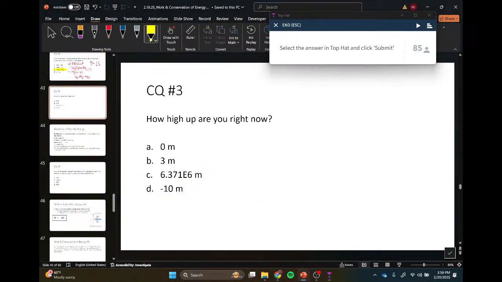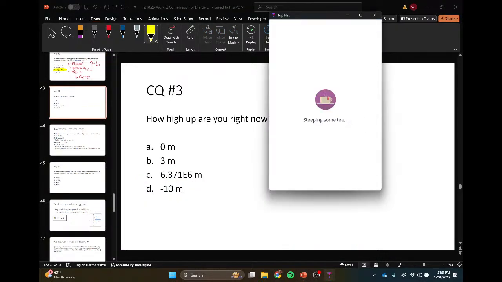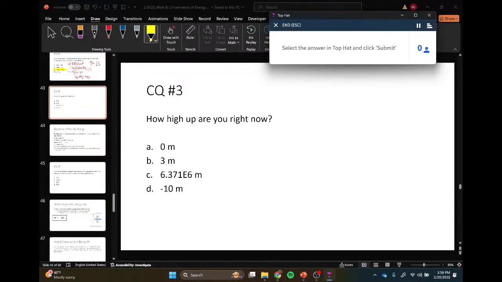All right, next question for y'all. How high up are you right now? Are you 0 meters high, 3 meters high, 6.371 times 10 to the 6 meters high, negative 10 meters high? Don't overthink it. Just pick something. Pick whatever feels most comfortable to you.